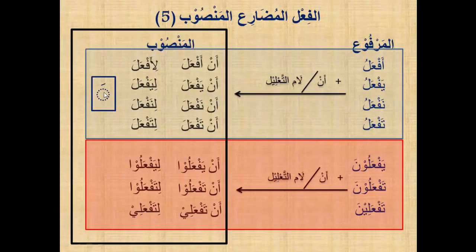In the presence of an or lam ta'lil or any nawasib, the fi'l mudari' must be mansub, and if it is conjugated for ana, huwa, nahnu, anta, or hiya, it must take a fatha as its alama. On the other hand, if we have conjugation for hum, antum, and anti, the marker for mansub is dropping the noon.